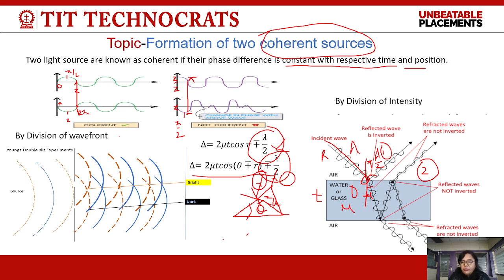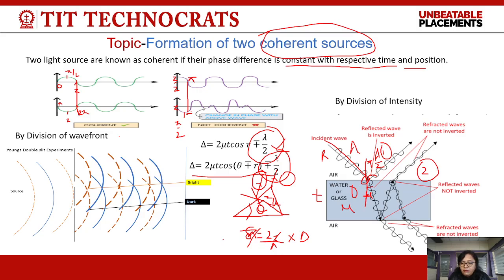What is the relationship? Phase difference is equal to 2 pi by lambda multiplied by path difference. With the help of this formula, if the phase is changed by pi, pi cancels with pi. So how much path difference is left? Lambda by 2 path difference is left. So whenever there is a phase difference of pi, a path difference of lambda by 2 is generated. This path difference is generated due to the Stokes law.